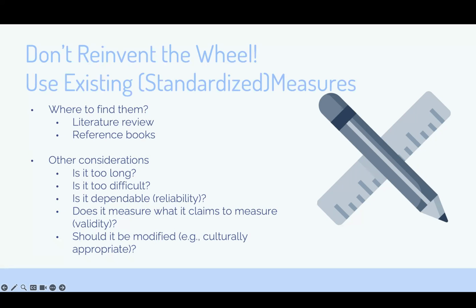So we can rely on existing measures that have been validated and standardized, available through literature review and specialized databases. What you need to be capable of is knowing how to find existing scales and whether they are qualified to be used for your study.